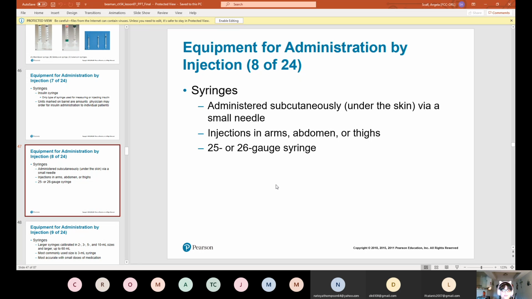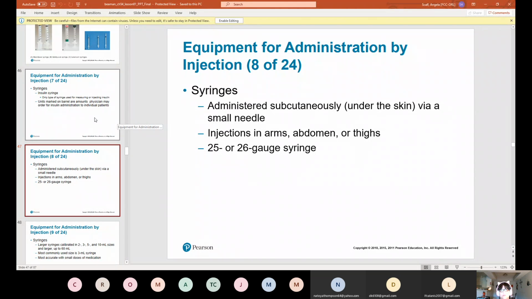So now it moves straight from that back to different other syringes. Now I know we're almost at 45 minutes, so I am going to stop here for the day, ending with insulin syringes. In Teams, I'm going to post the picture of the syringe with its parts. I'm going to send you pictures of different types of syringes.